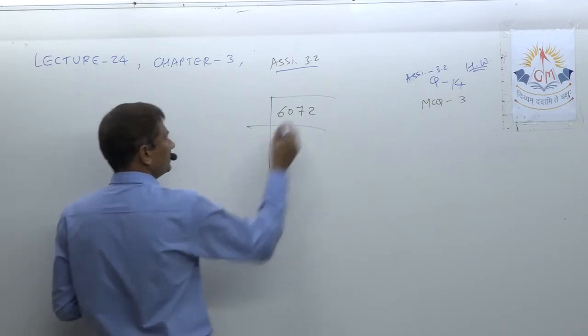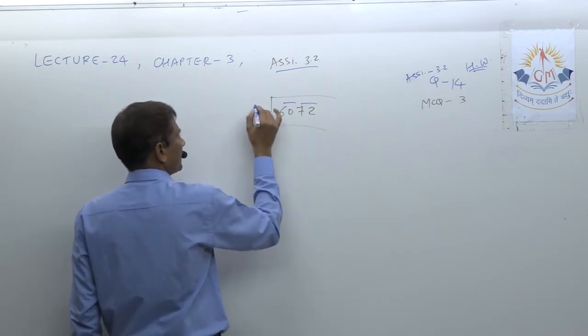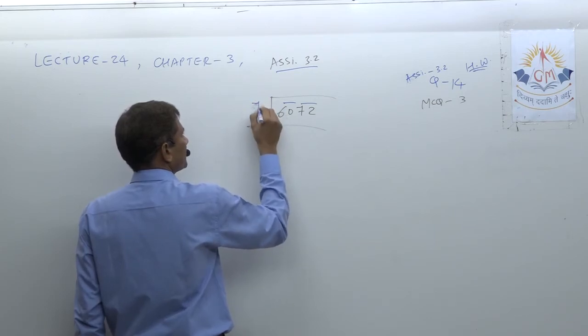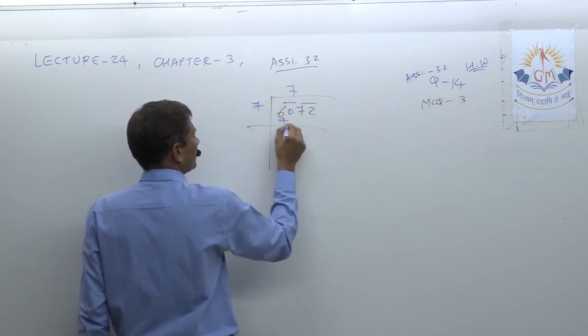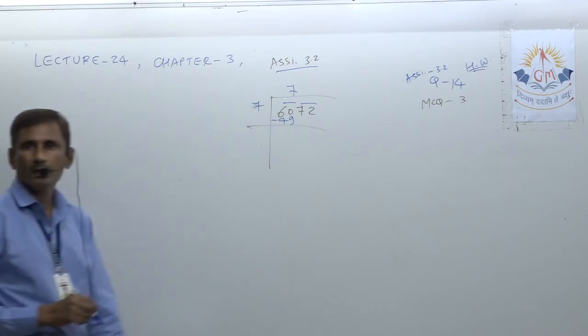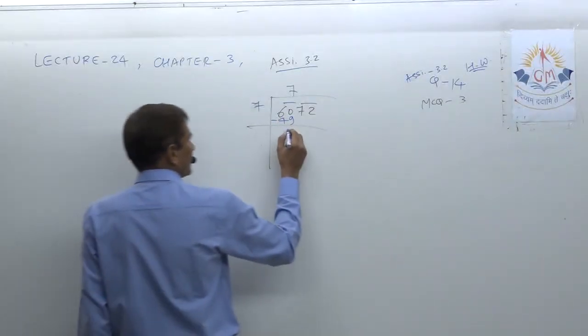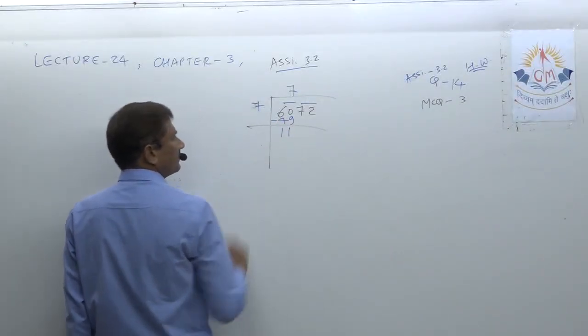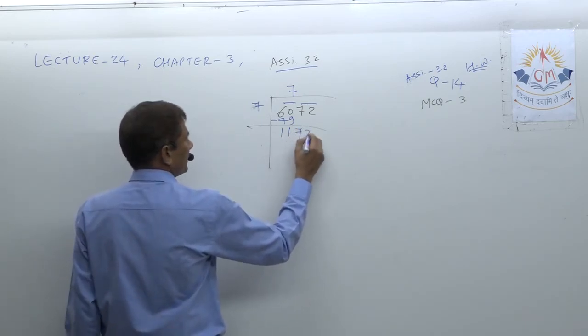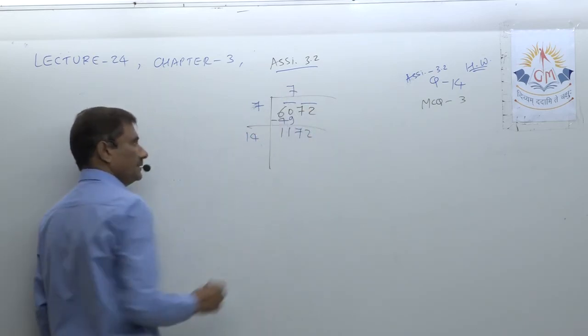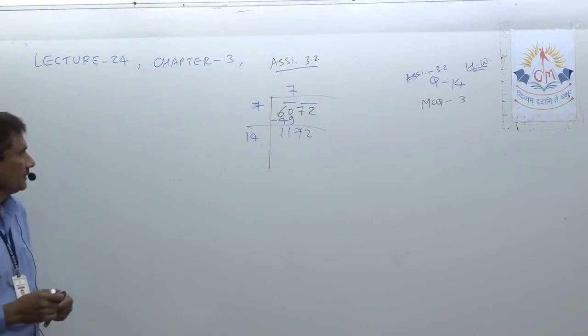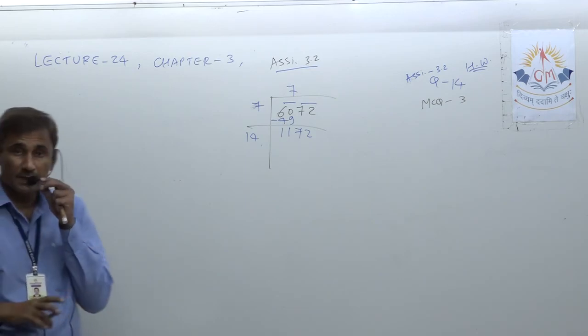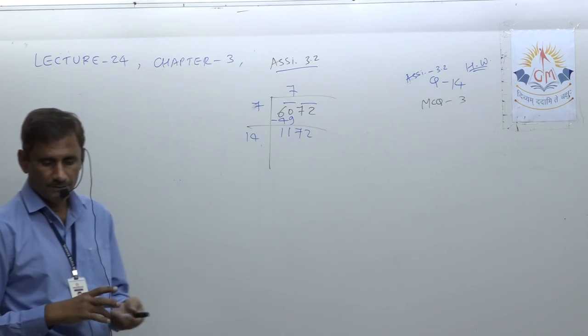Make pairs here. So for 60 I can say 7 sevens are 49. 10 minus 9, 1, 5 minus 4, 1. Now 7 to come there. Here write first of all 14. Either 141 ones are, 142 twos are, like that you have to go ahead. Okay.